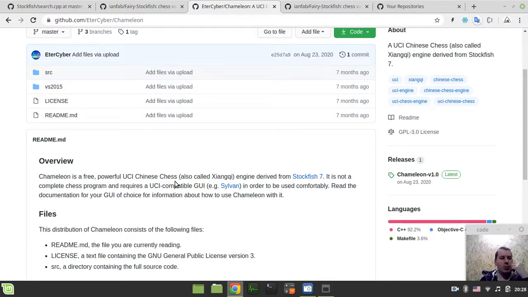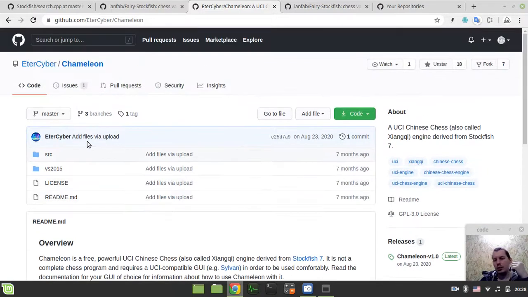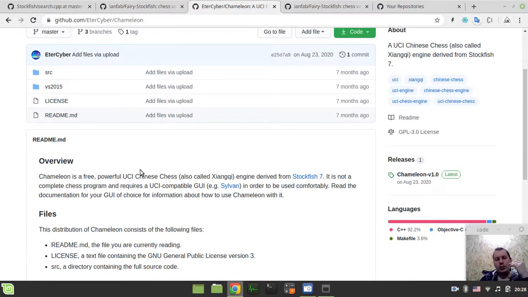So what Hao Li wants to do, and he still works on this project, by the way, is to exactly copy all the steps that the original Stockfish did, and one of the major things is the testing framework.